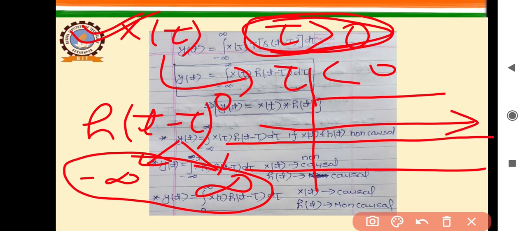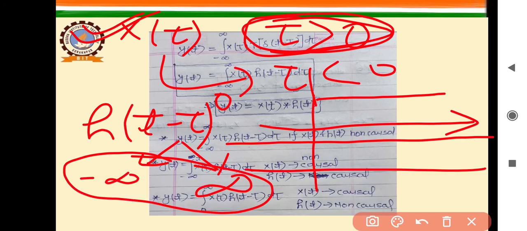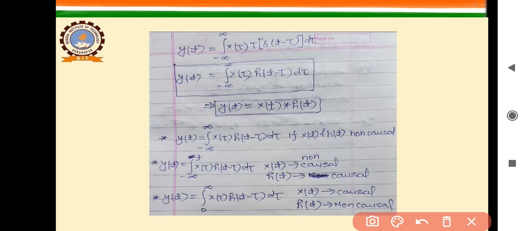When we combine these two limits, we find that tau will exist only for values greater than 0. So the limit of integration will be from 0 to infinity. This is the case when x(t) is causal and h(t) is a non-causal signal.